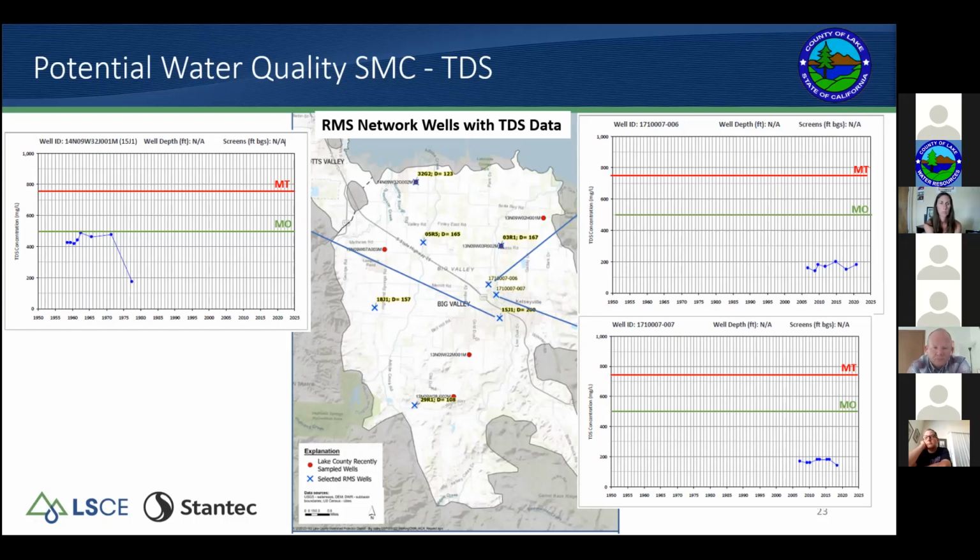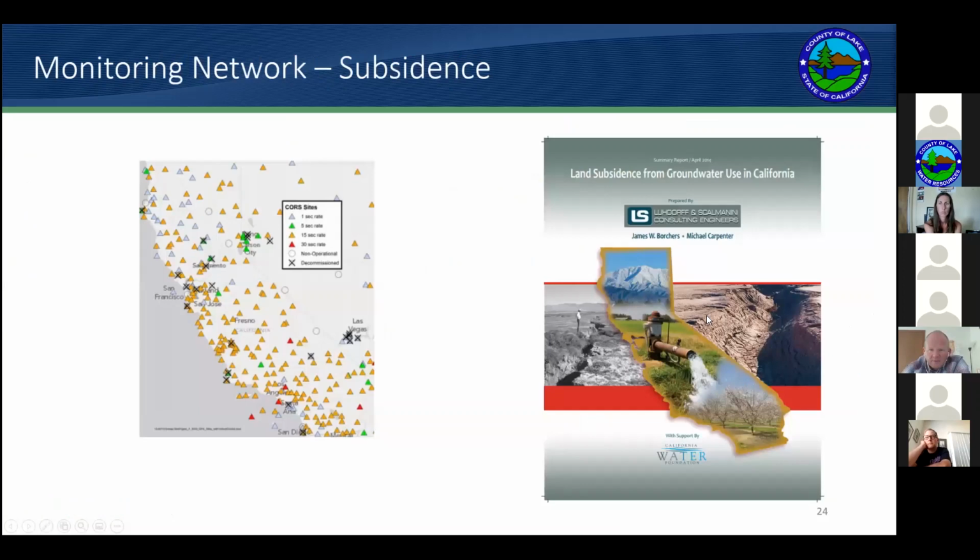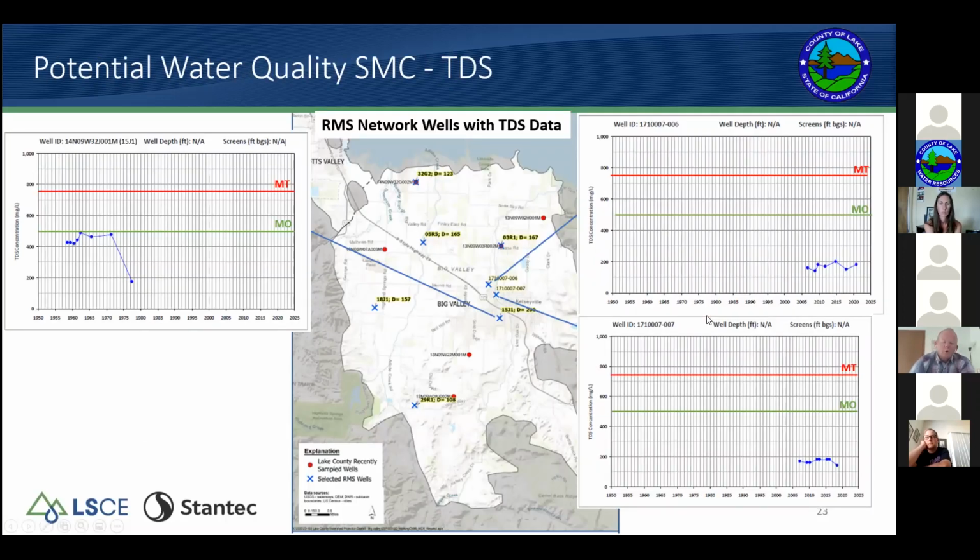So I think that's it for water quality. What I'm hearing is some ideas about maybe including some other parameters: nitrate, and I heard bacteria. What do folks think about the proposed density of the RMS wells?